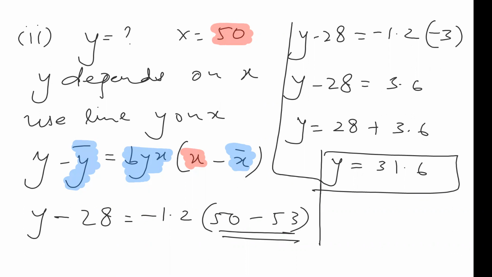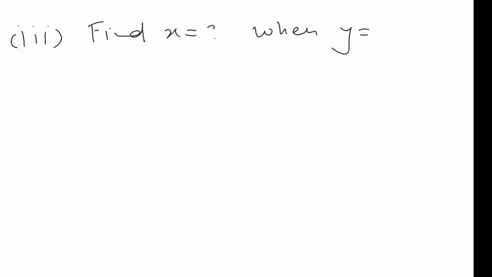So that was sub question 2 from the first problem. We'll proceed with the next question. Sub question 3, we are supposed to find out the value of x when the value of y is equal to 25.